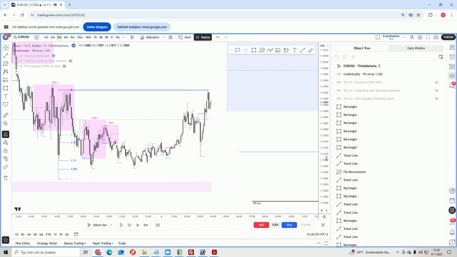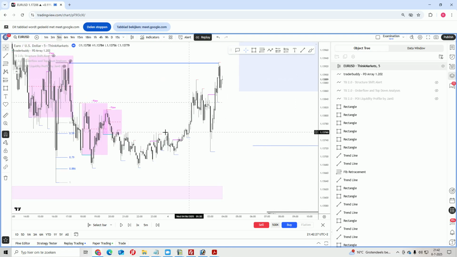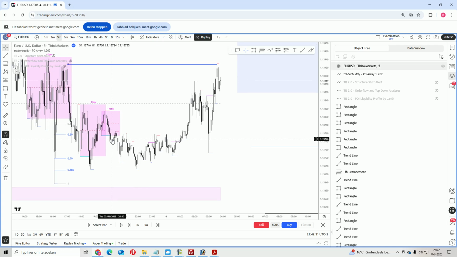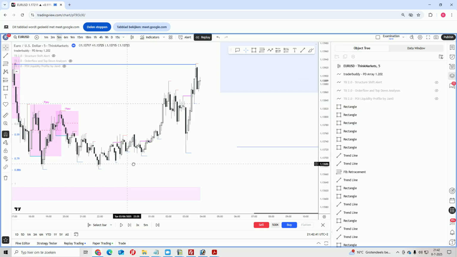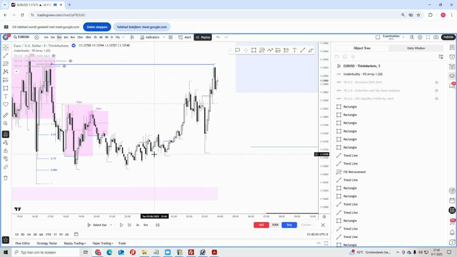And now we see something happening because the last order flow, because these are not a valid close below. There's not a single valid close below. Well, this one maybe because there's a gap. Is that a valid close? No, it's not even a valid close.